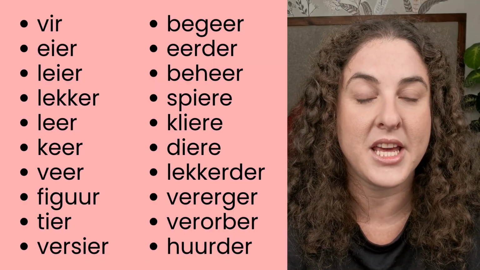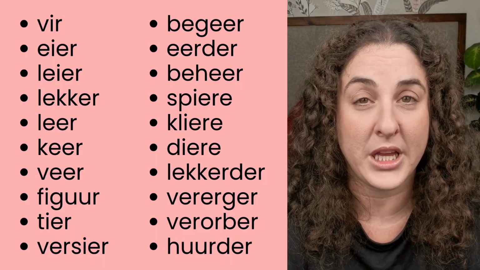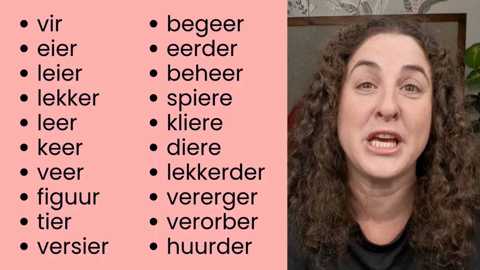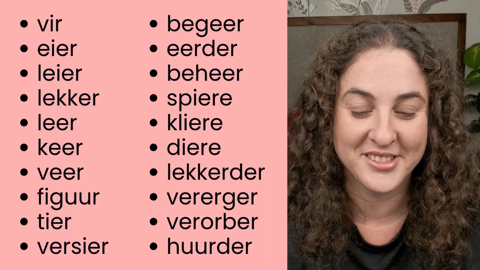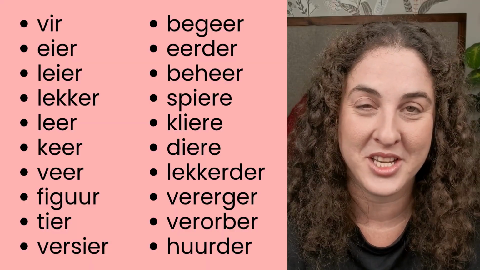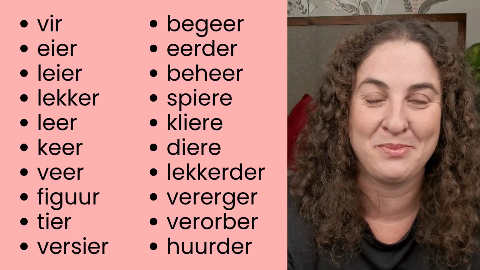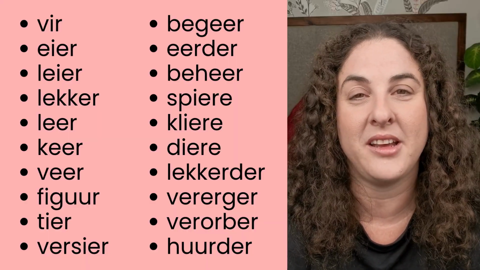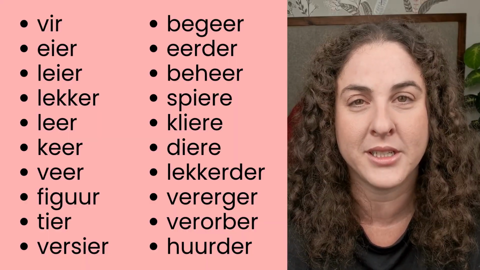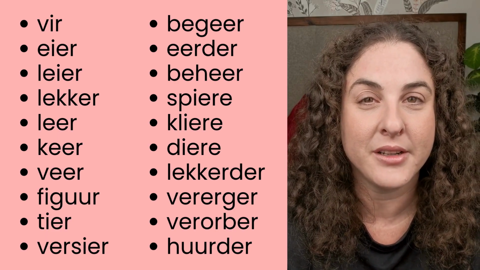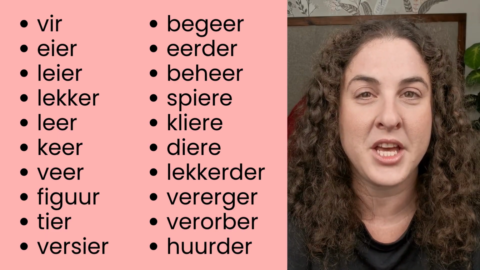To practice the more difficult pronunciations, we have ver, eier, leier, lekker, leer, keer, veer, figuur. As if we are not pronouncing that R that clearly when we speak, as in figuur. Sometimes you barely hear the rolling R because we do skip it. Tier, ver, sier.